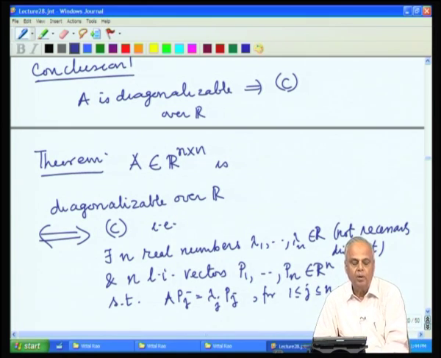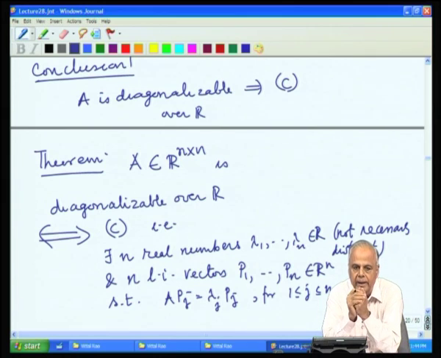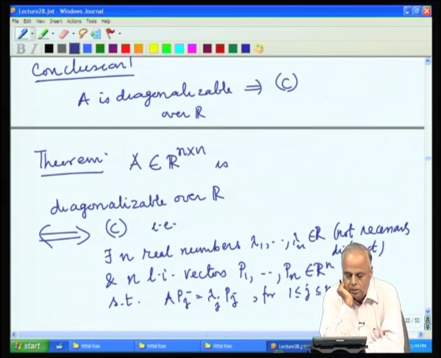So, therefore, we now have a criterion for a real matrix A to be diagonalizable over R. The only problem therefore is how do I find these numbers lambda 1, lambda 2, ..., lambda n? How do I find whether there exist these numbers?